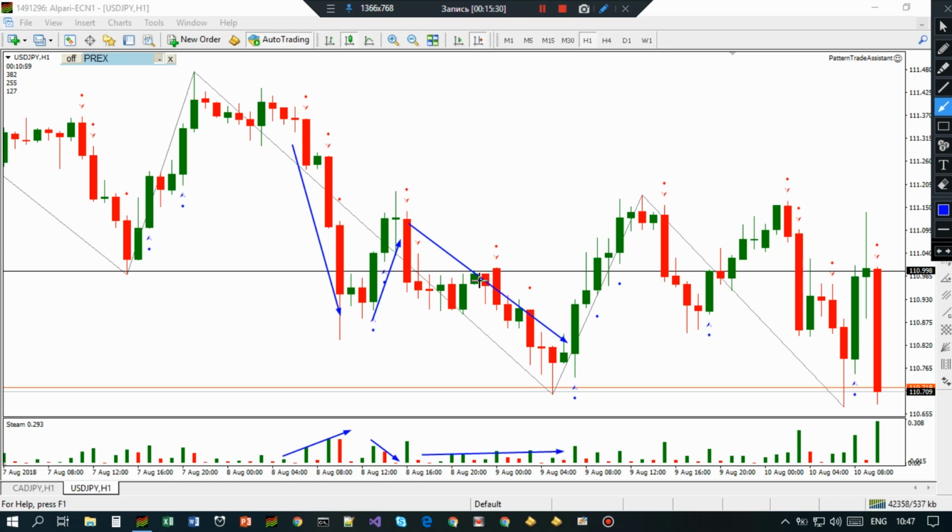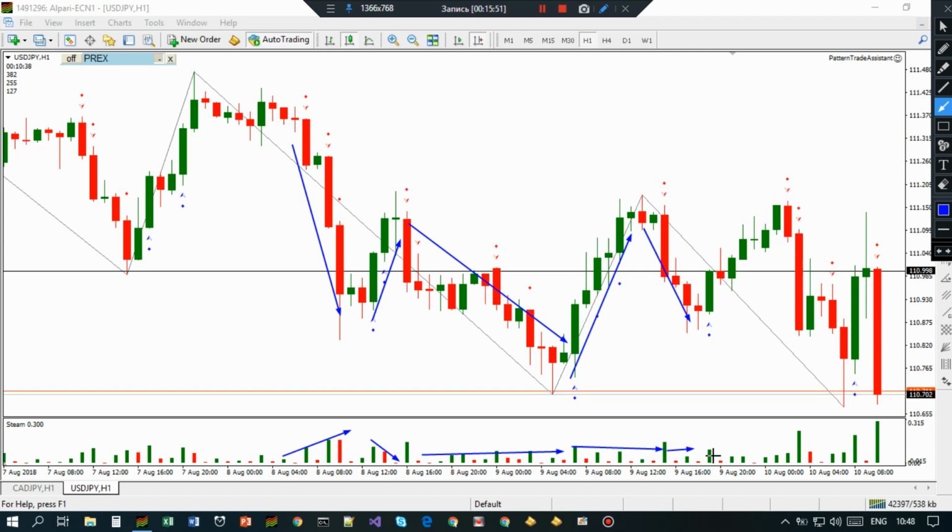Neither of the sides of the market takes active actions, I'd put it this way. So even if we bounce to the upside, we don't have anything here. When we bounce to the downside, we also don't have any rising momentum.